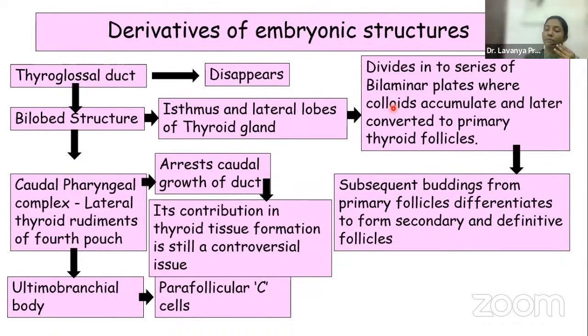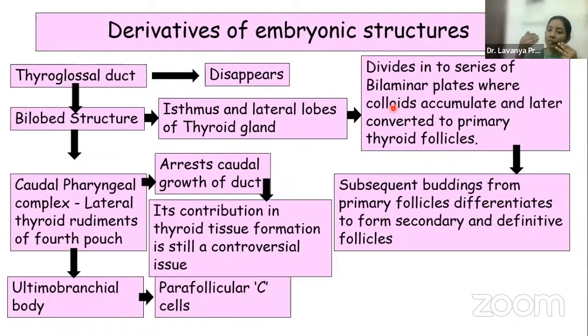So how does this bilobed structure end up in the formation of the bilaminar cellular plates, where we have the accumulation of the colloid material in between the bilaminar plates? Later on, these bilaminar plates end up forming follicles. This follicular structure we call primordium follicles, or primary thyroid follicles.